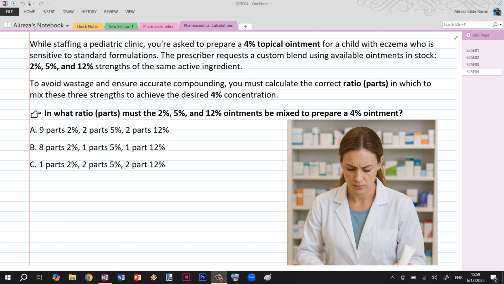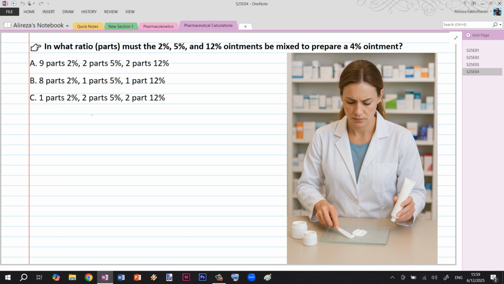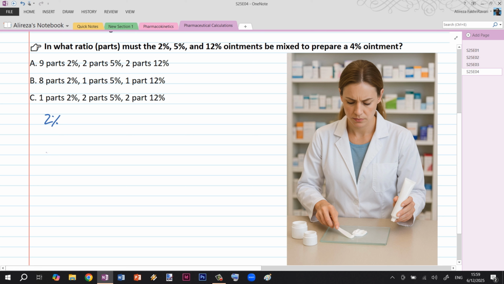So the question is, in what ratio must the 2%, 5%, and 12% ointments be mixed to prepare a 4% ointment? Now, in order to do this problem, one method is to set this up in order. You can say there is a 2%, a 5%, and a 12% strength in stock, and you're trying to get to 4%, which lands between 2 and 5.